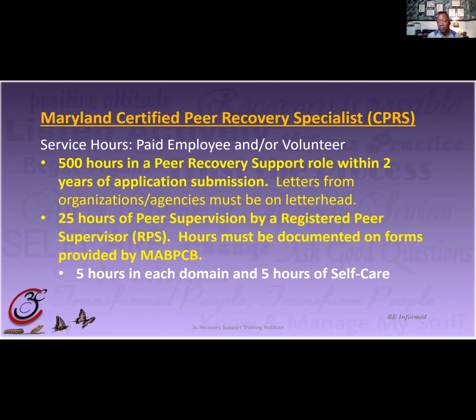Where they're working, they would get a letter that said they've completed 350 hours, and where they're volunteering, maybe a separate letter that said they've completed 150. As long as the two or more letters add up to 500 hours, you are good. But it must be 500 practicum or service hours.